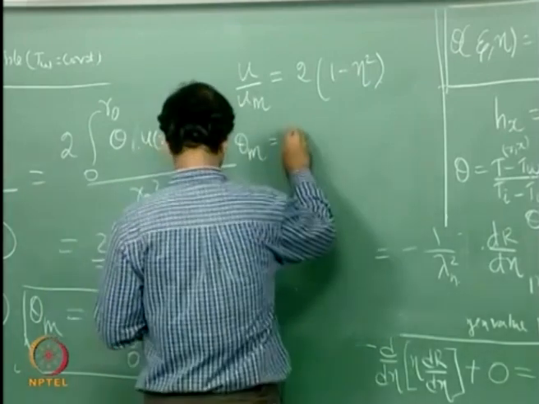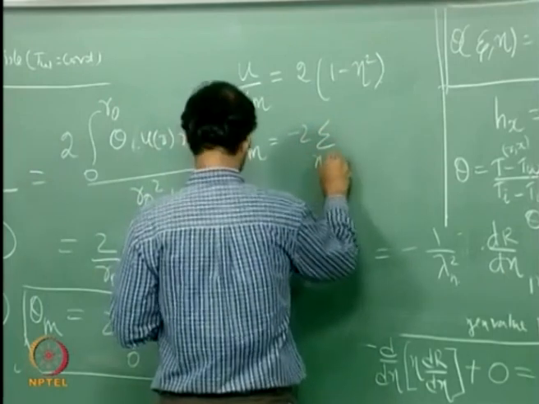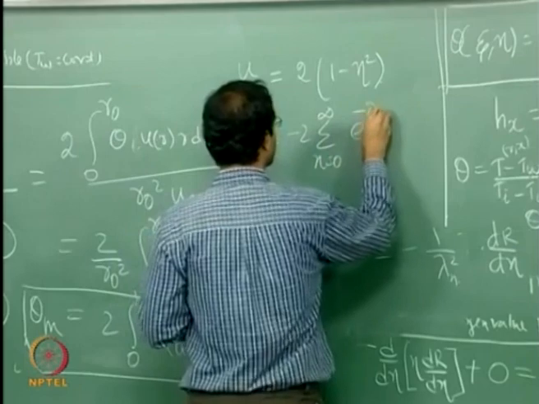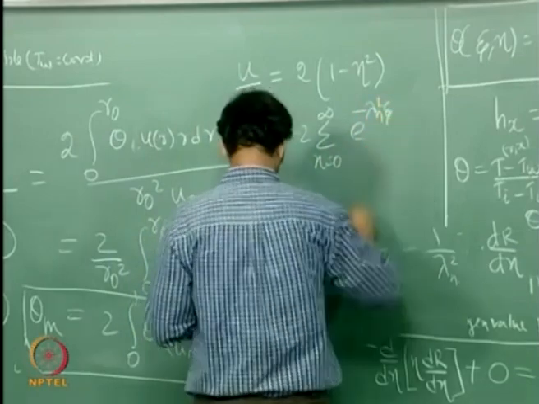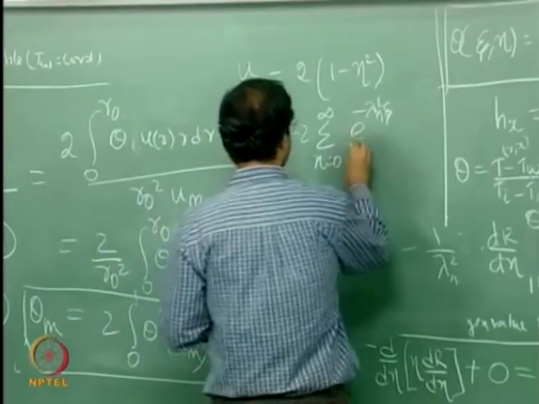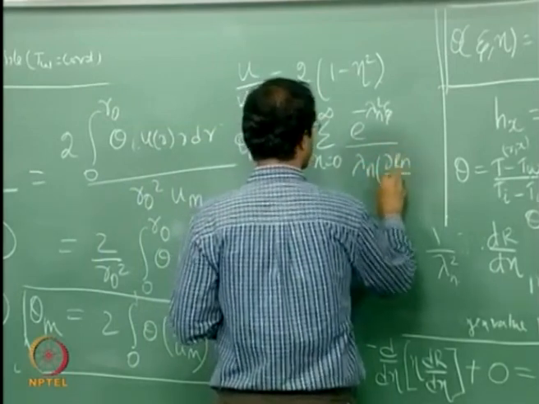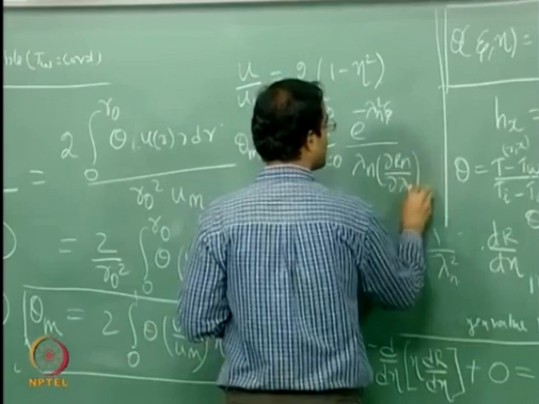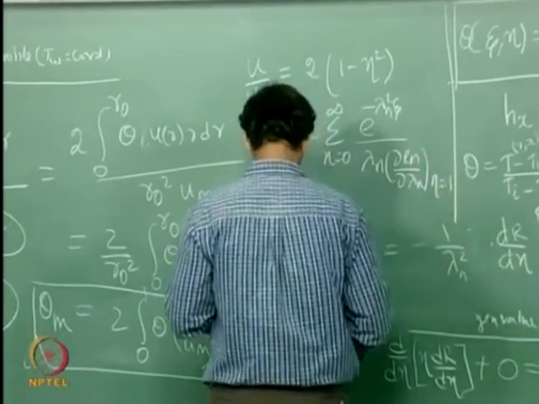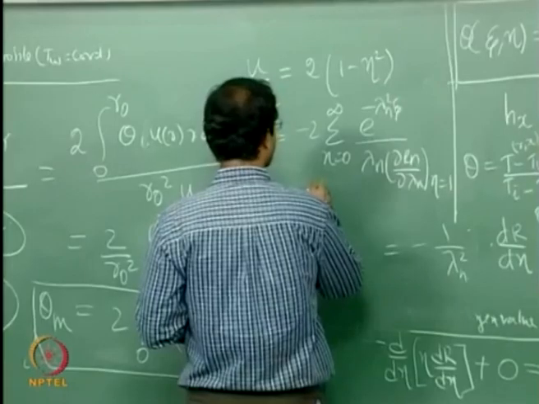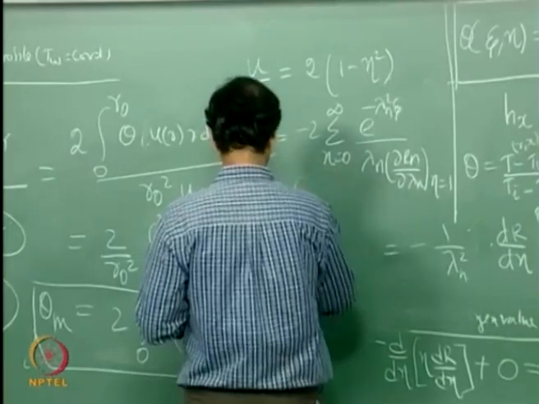So this will become minus 2 summation of n equal to 0 to infinity e power minus lambda n square eta divided by lambda n into drn by d lambda n corresponding to eta equal to 1, into integral 0 to 1.